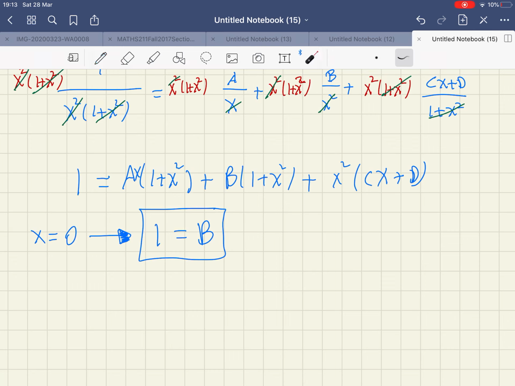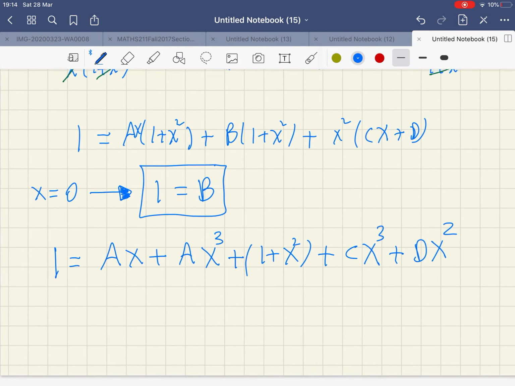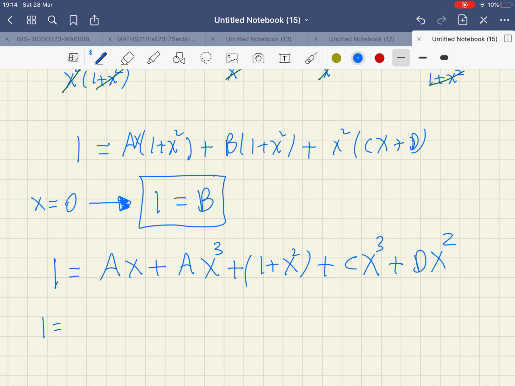Now what I will do, distribute this one here, and this one here, and this one here. Tell me what do you get. On the left I get 1, on the right I get ax plus ax cubed plus b, which is 1, so it is 1 plus x squared plus cx cubed plus dx squared.